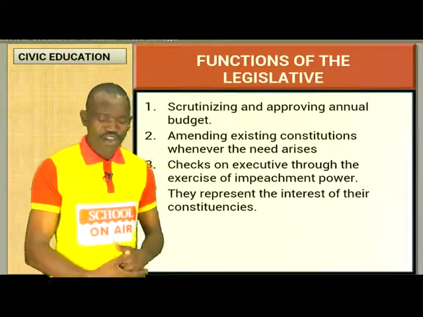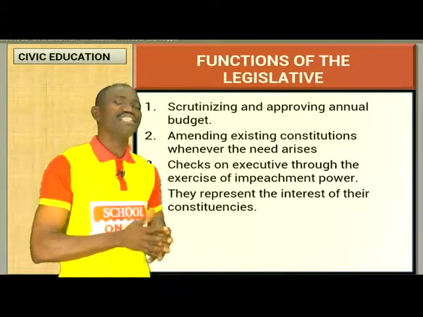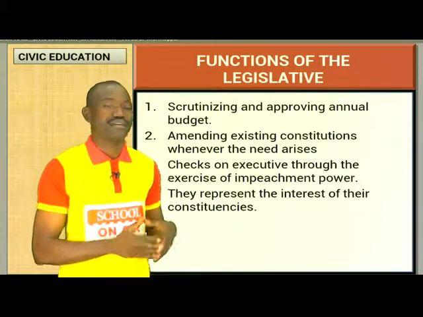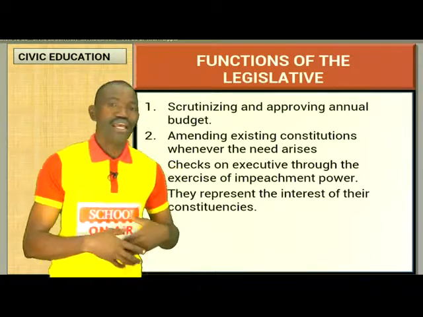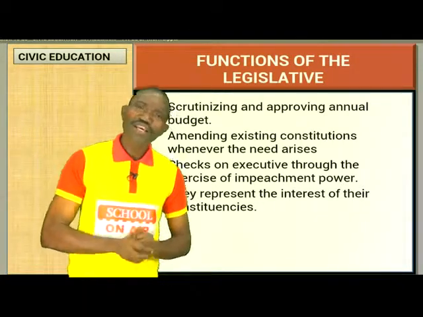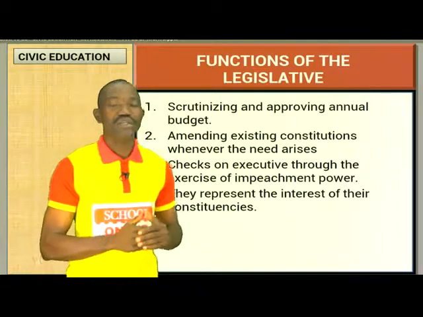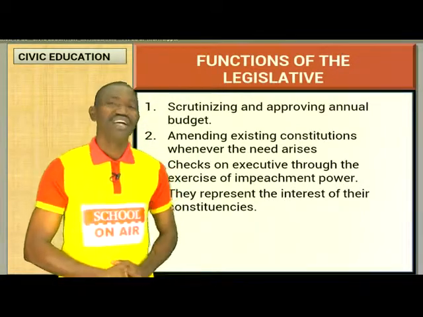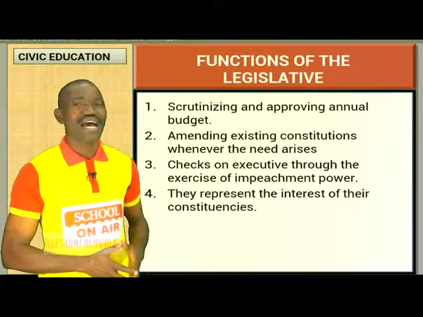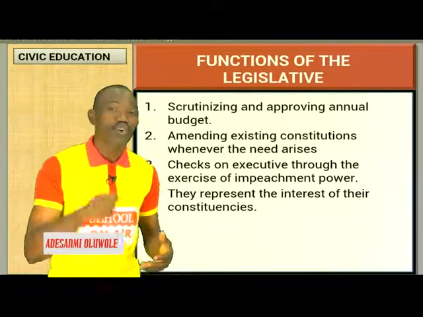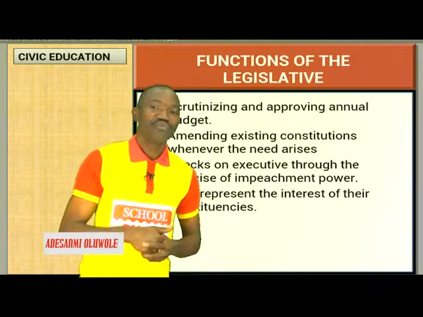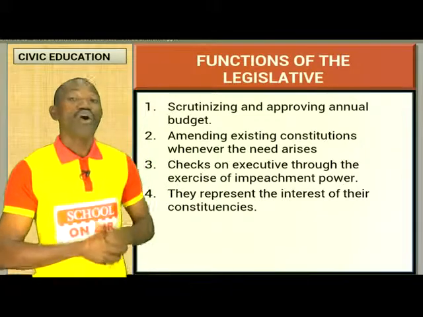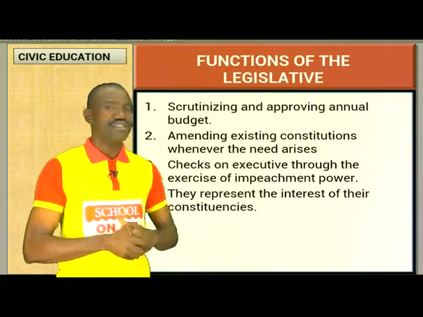All right, before we talk about the functions of the legislative organ of government, let me quickly show you the division of powers in the legislature. For example, at the federal level, the federal legislatures are expected, according to the Constitution, to legislate on matters in the exclusive legislative list. They are also partly to legislate on items under the concurrent legislative list.